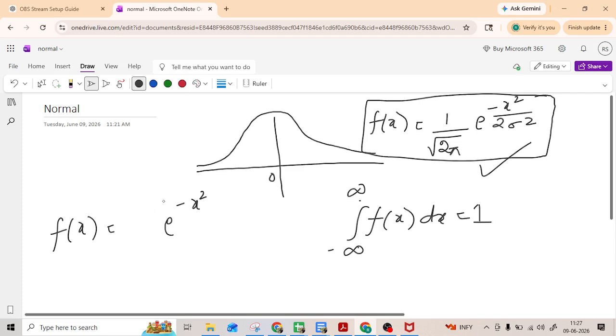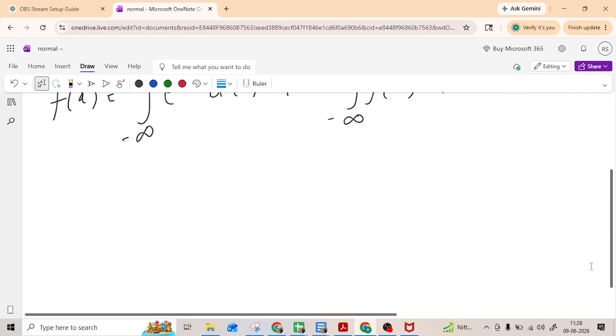But if I integrate this particular function from minus infinity to infinity, it won't be equal to 1. So we need to include a few variables such that this function satisfies the formula that the integral of f(x) dx from minus infinity to plus infinity is always 1, right? So let's do this.